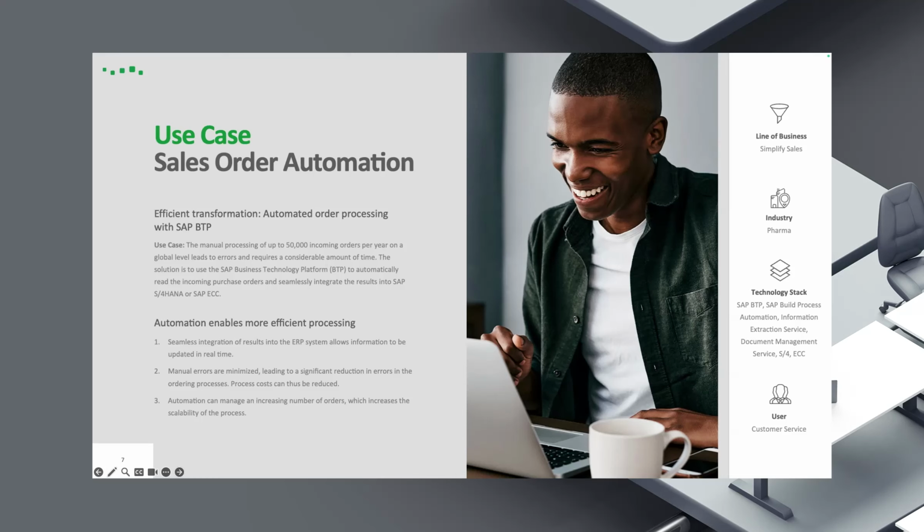Advantage, of course, the whole process happens in real time. When an order comes in, the bot reads out the email inbox and sends it directly to the document information extraction service. So there's no time where the PDFs are just lying around at some SharePoint, and a few days later they are processed. They are processed more or less in real time, a few minutes after they were sent into the inbox.